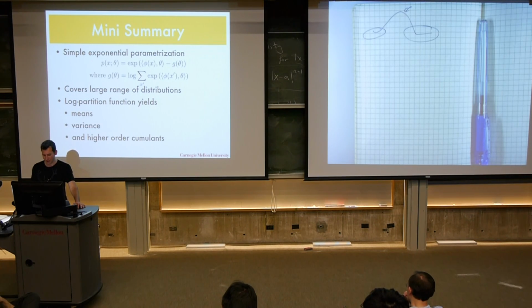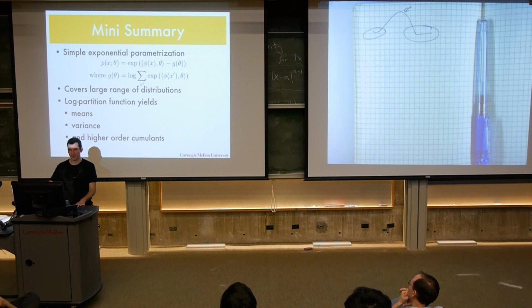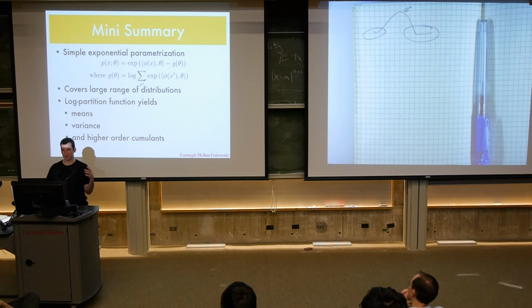Basically, there are only a small number of distributions for which you can compute this normalization in a meaningful way, right? However, what you could do is just say, well, let phi of x be a member of some feature space, maybe for kernels, right?